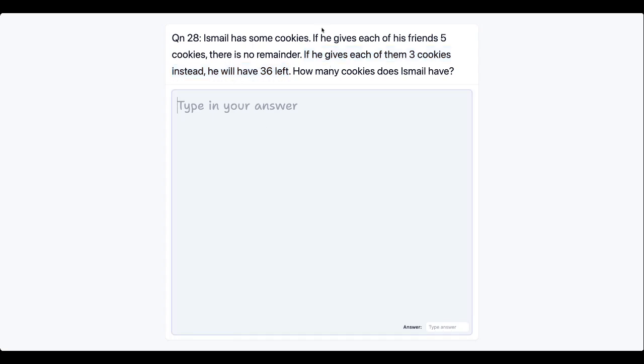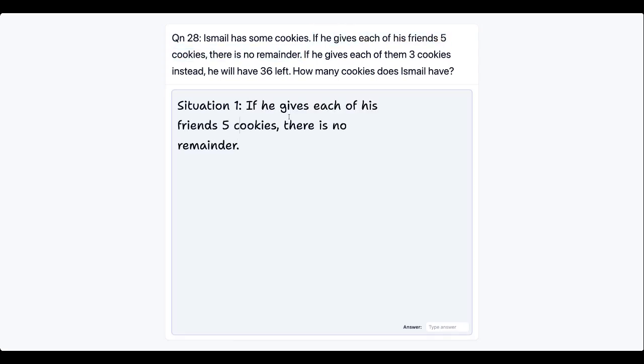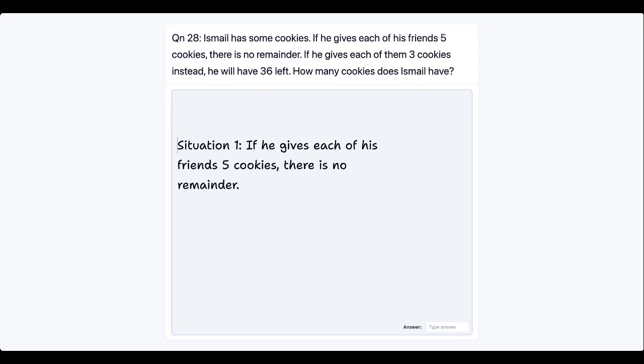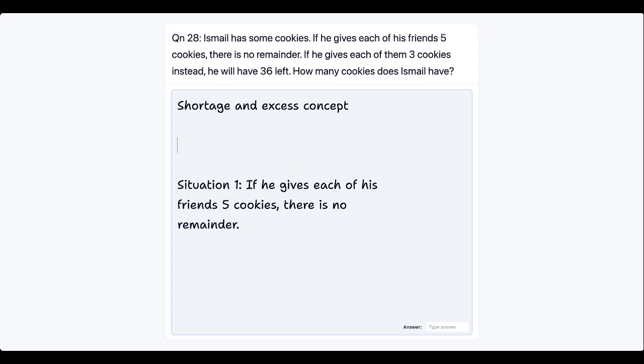So how does this look like? Let's write down situation one, which is basically this: if he gives each of his friends 5 cookies. In a shortage and excess concept question, what you need to do is let one unit be the number of friends.